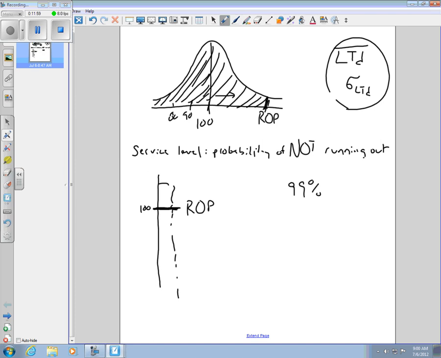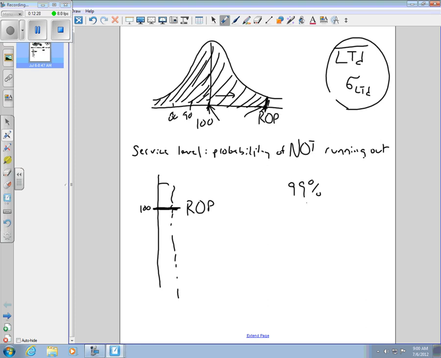Now, if you look in your table A in your textbook, you'll find the normal distribution curve. And if the area under the curve is 99%, then that has a distance in terms of standard deviations from here to here of 2.33 standard deviations. We call that a z-score.